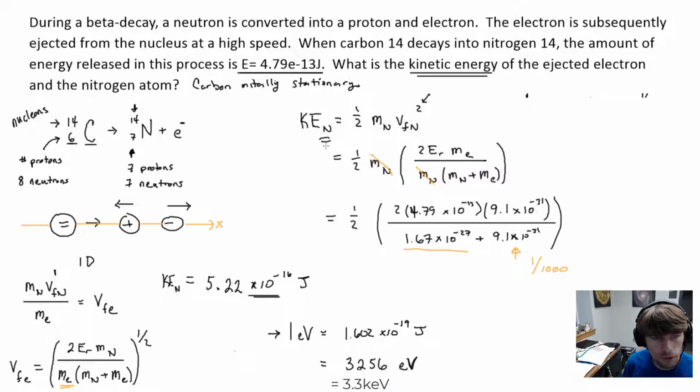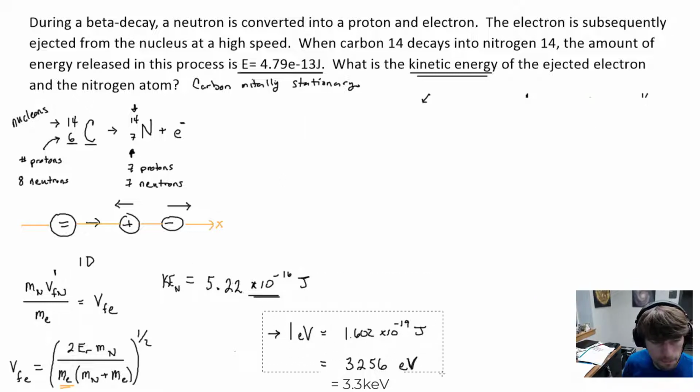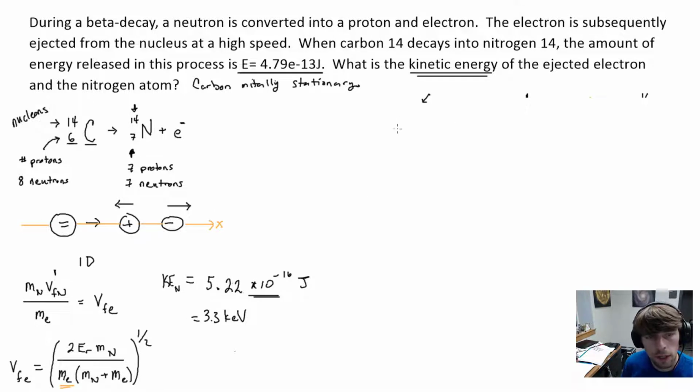Okay, I'll put 3.3 keV here. I say, okay, well, the kinetic energy of the electron is equal to 1/2 mass of the electron, speed final of the electron squared.